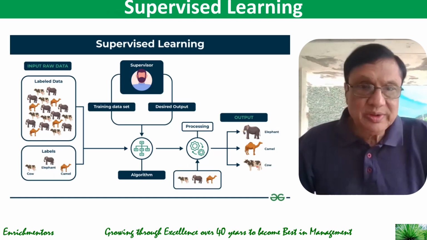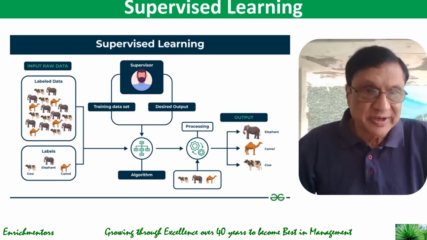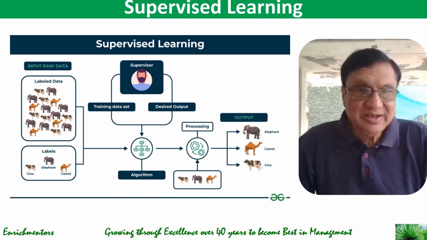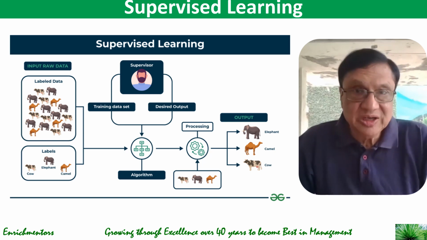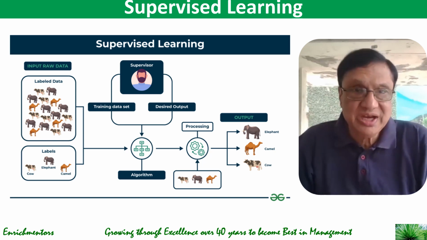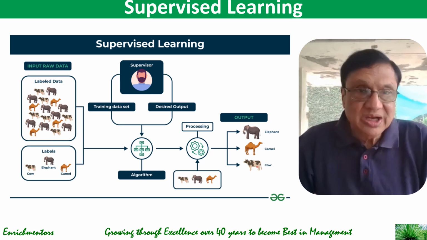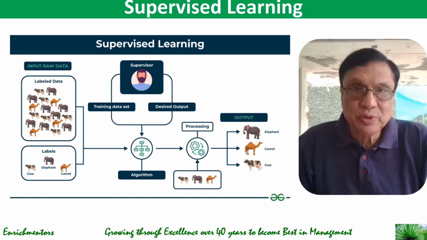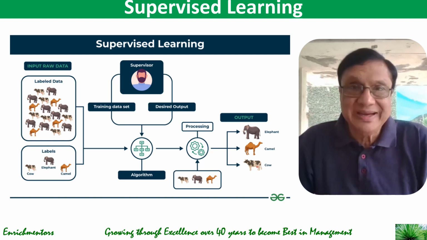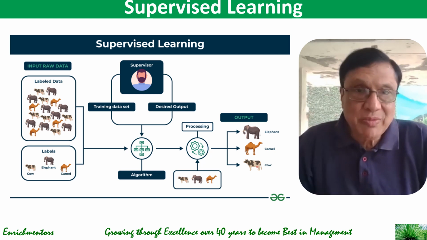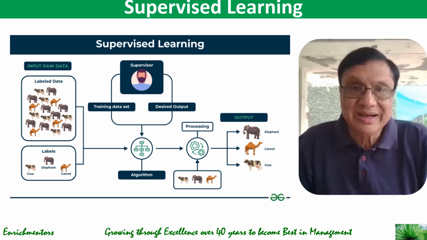So let's take a look at where supervised learning is appropriate. In supervised learning, the data set consists of input-output pairs where each example in the data set is associated with a corresponding label or target value. The goal is to learn a mapping from input to output based on the labeled training data, allowing the model to make predictions on unseen data.